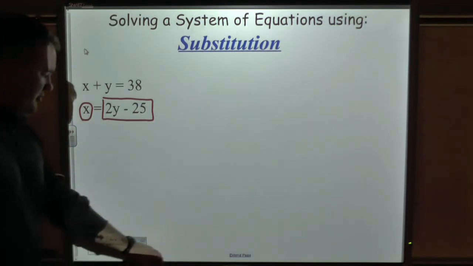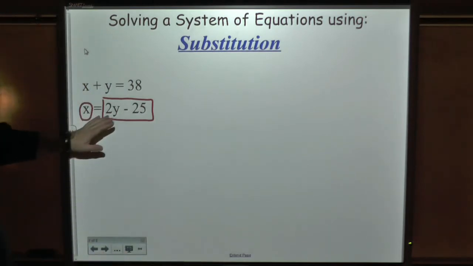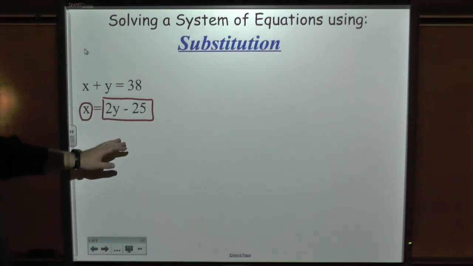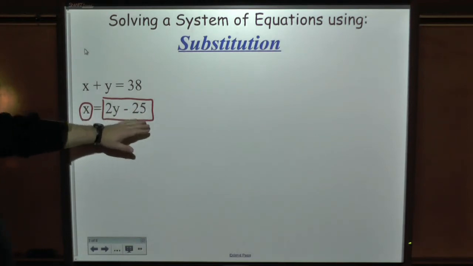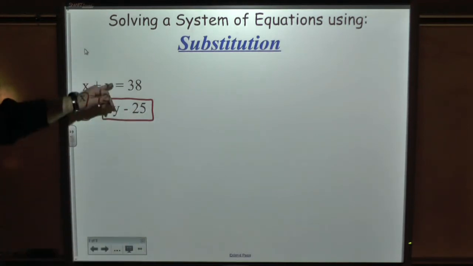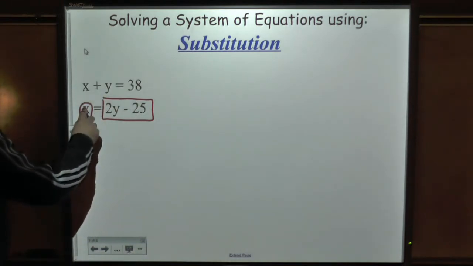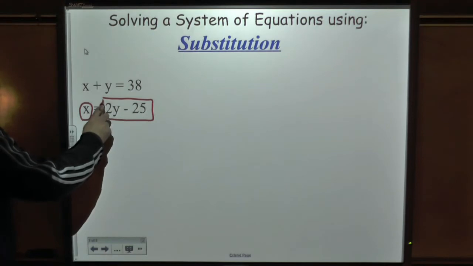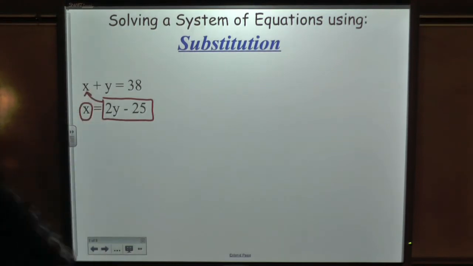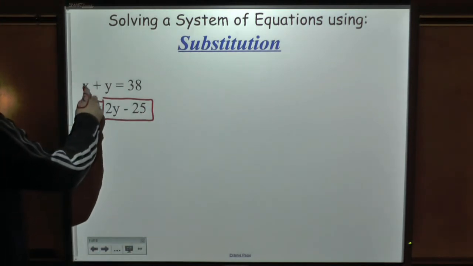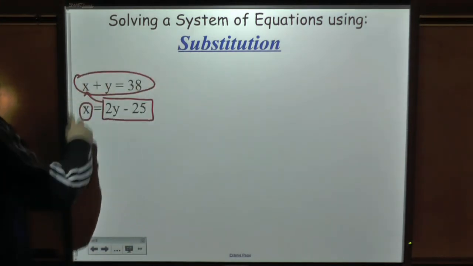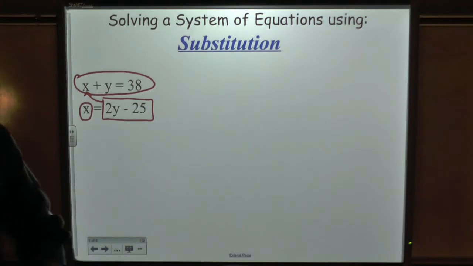All right, so from this point, x has been solved for in this equation. Its value is 2y minus 25. Well, knowing that when these two cross at the same point they have the same value, if x is equal to 2y minus 25 here, then we can substitute into the other equation for x. And what we can substitute in is this 2y minus 25. So this equation right here, the first one, I'm going to rewrite it.